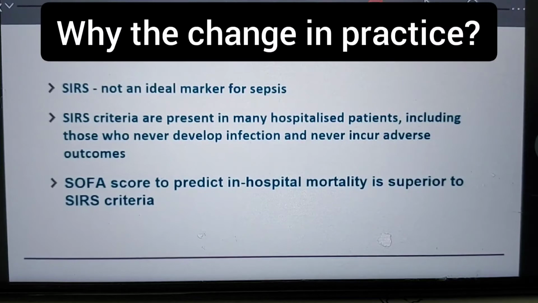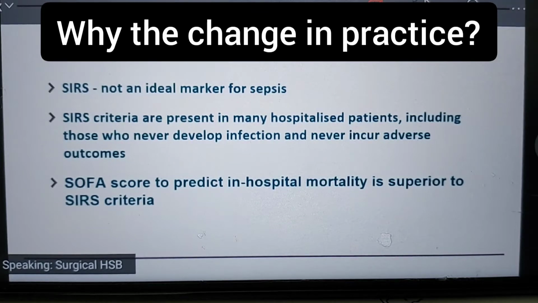So why the change in practice? Before this, we used SIRS, which is Systemic Inflammatory Response Syndrome. Why do we now use the SOFA score? Because SIRS is not an ideal marker for sepsis.